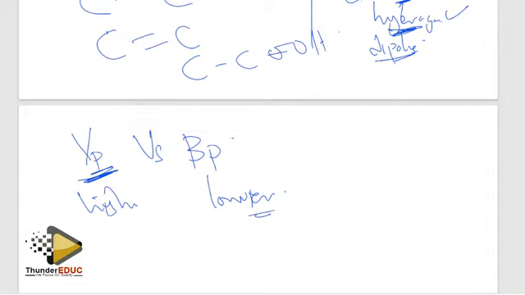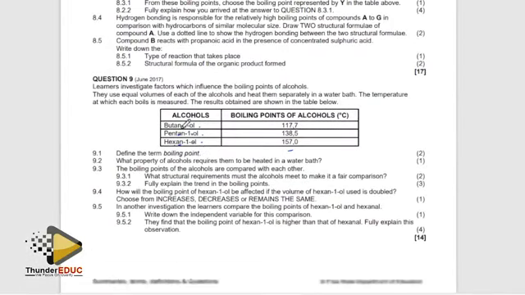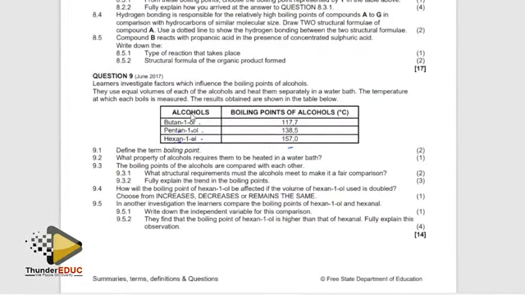But now, if I have a compound like this, this compound has a lower boiling point. This one has a higher boiling point. So this one is going to have a lower vapor pressure.